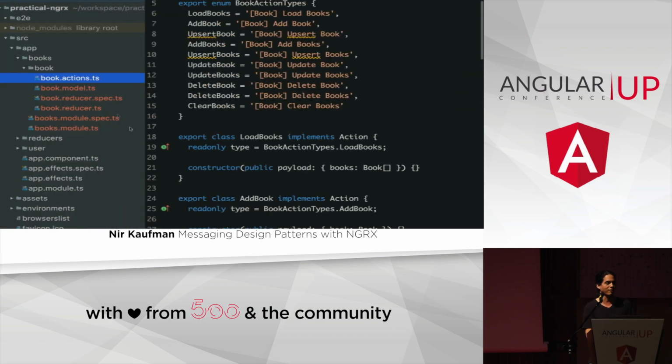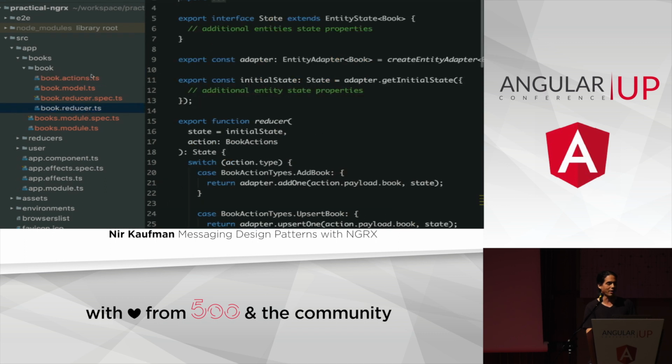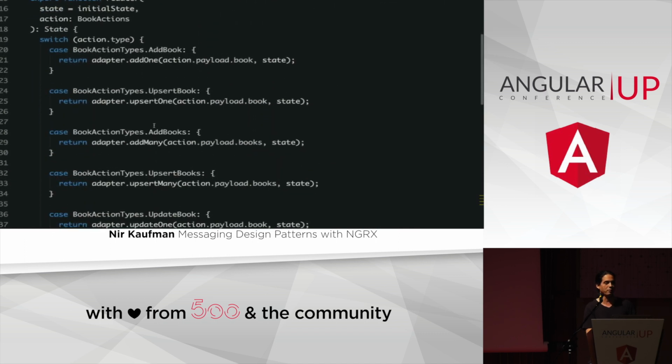So I've got all the actions I need, and I've got the reducer already implemented for all of those actions with utility methods. I don't need to think about immutability and how do I keep the structure flat enough.